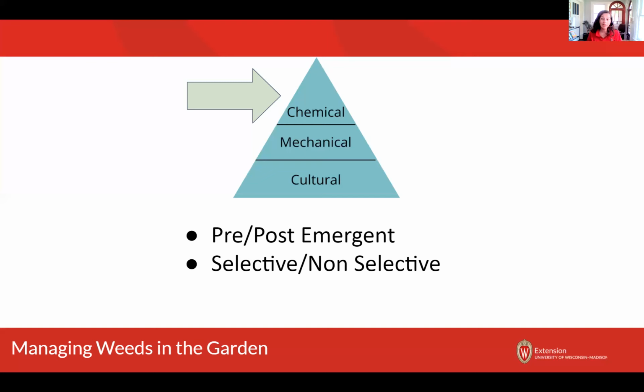Okay, so organics are chemicals, synthetics are chemicals. They're both chemicals. Organics are just derived from natural sources. So they might be derived from, say, botanicals like pyrethrum or neem, or they might be derived from a synthetic source, meaning that it was created inside of a lab.